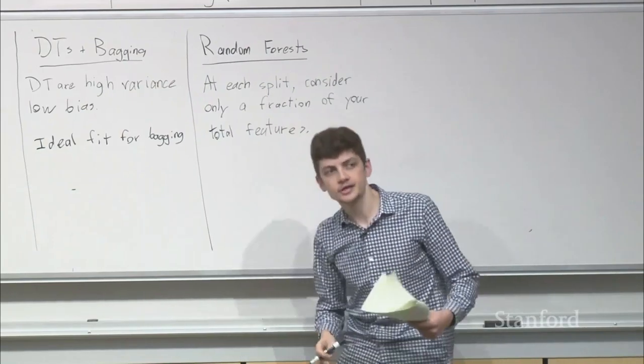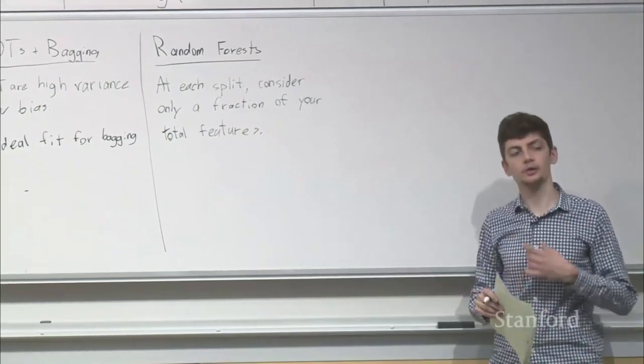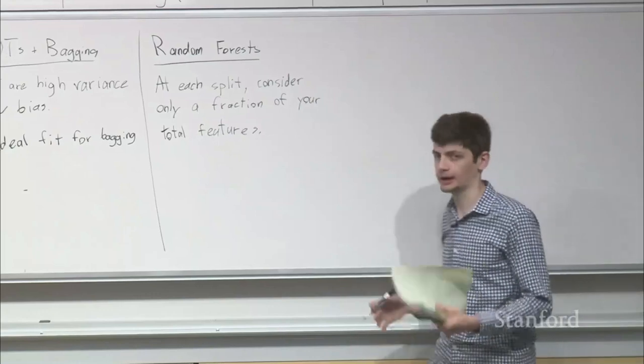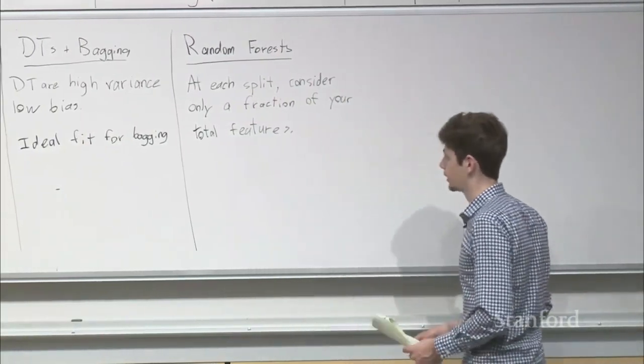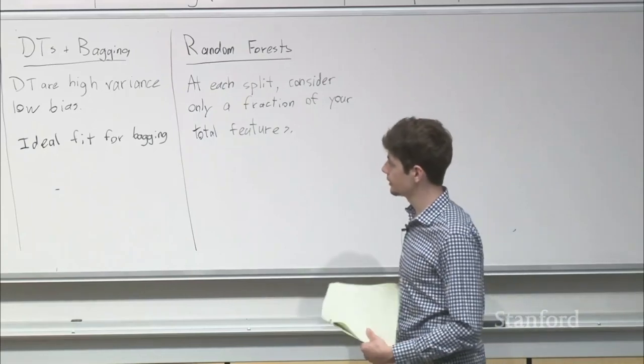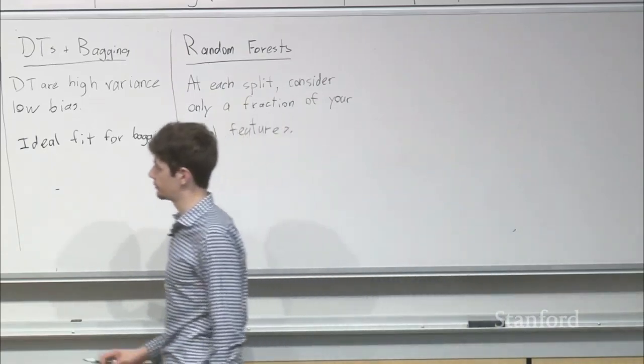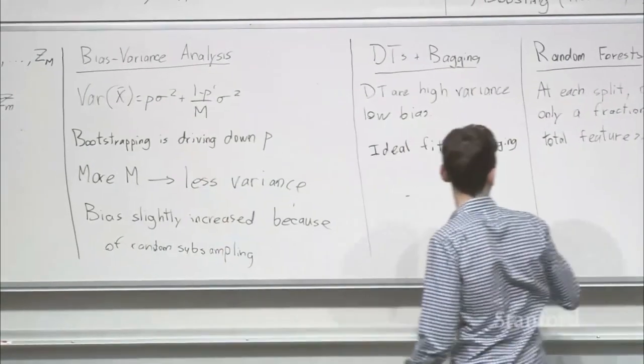So it's like for that ski example, maybe for the first split, I only let it look at latitude. And then for the second split, I only let it look at the time of the year. This might seem a little unintuitive at first, but you can get the intuition in two ways. One is that you're decreasing rho.